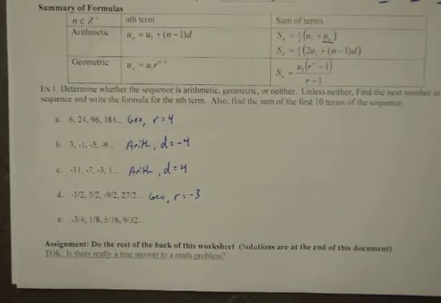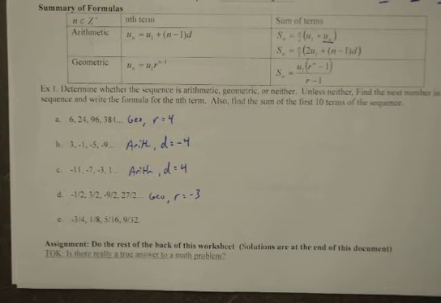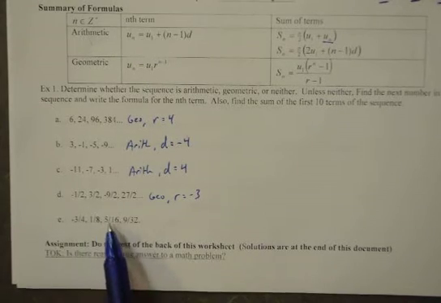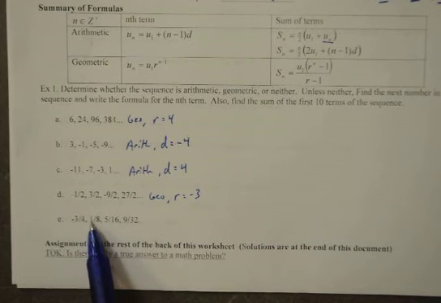Let's see. This is negative, this is positive. I don't think this is anything. I'm multiplying the bottom by 2, and then I'm adding 4 to the top.